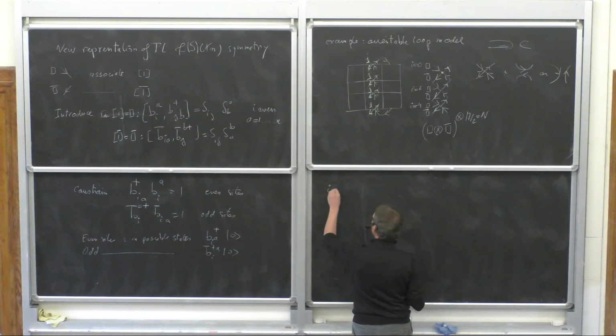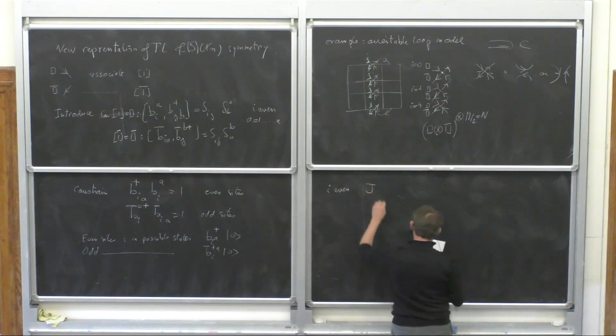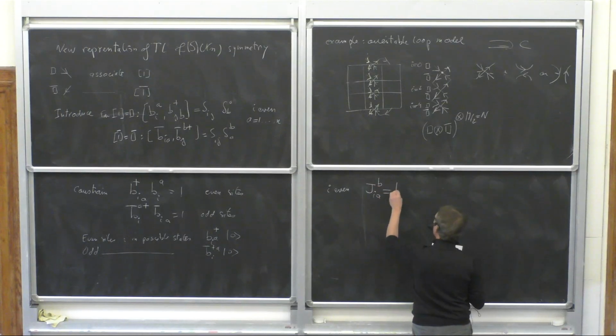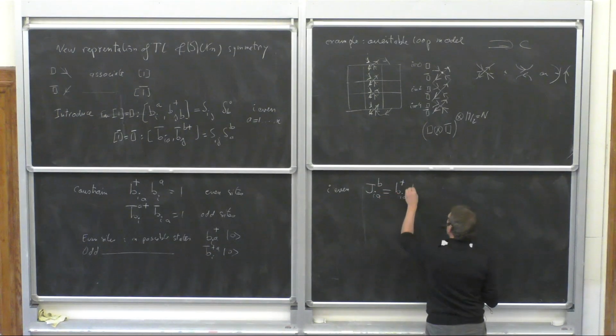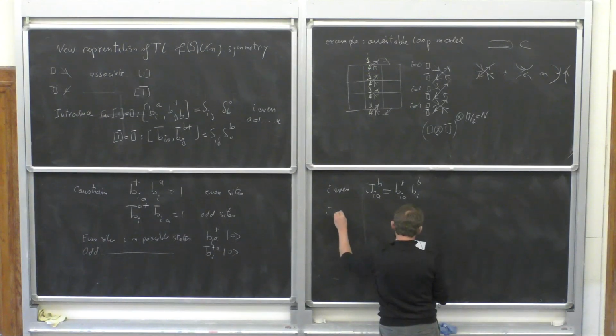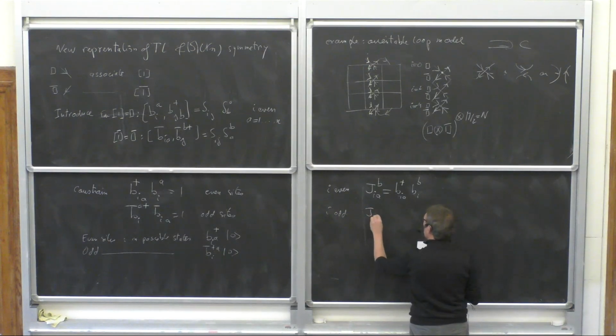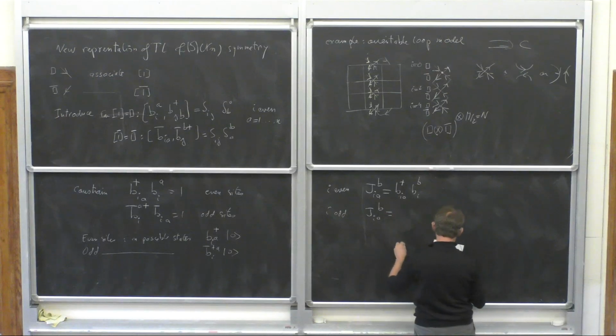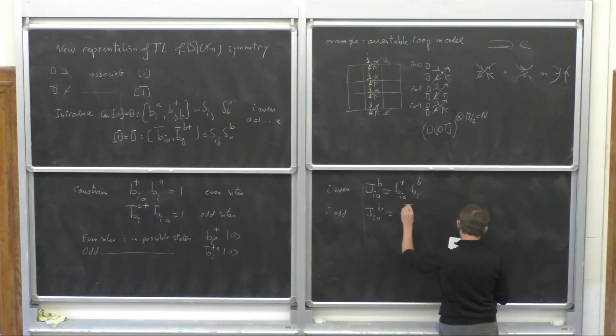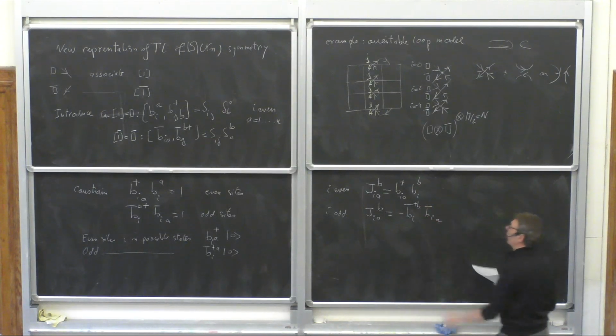So for I even, I'm going to define J_i^{AB} as b dagger i A b i B, and for I odd, being careful with the positions of the indices, b dagger i B b bar i A.